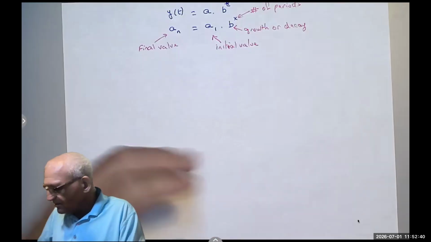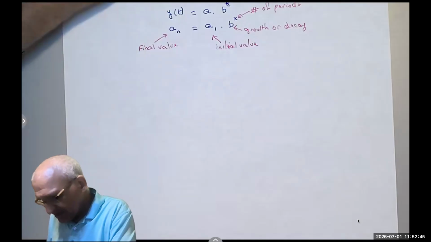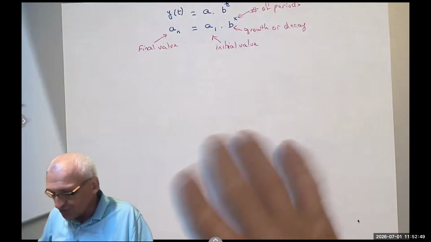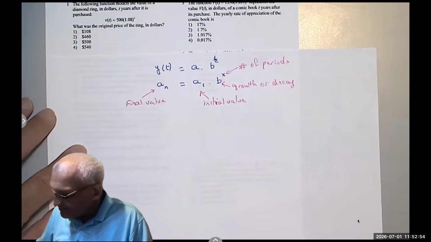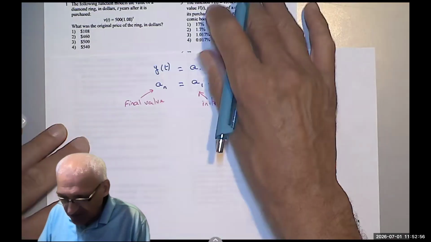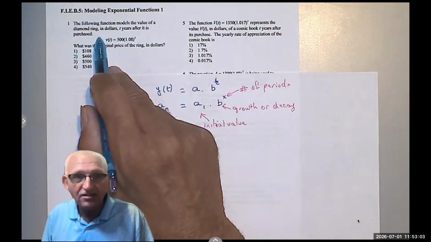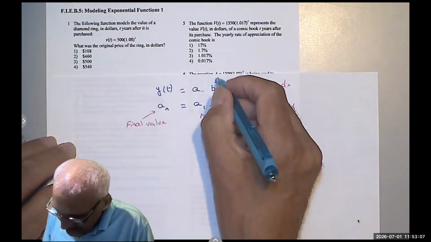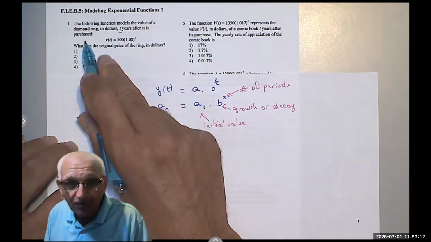Okay, we will make it clearer as we go, so let's look at some examples of questions that are similar to your Regents exam. You will see something similar to that. So the first question, a multiple choice, says the following function models the value of a diamond ring in dollars, t years, so t here is the number of years after it's purchased.